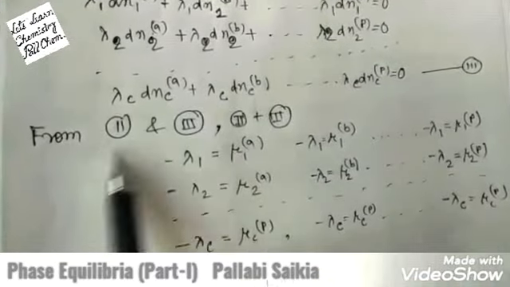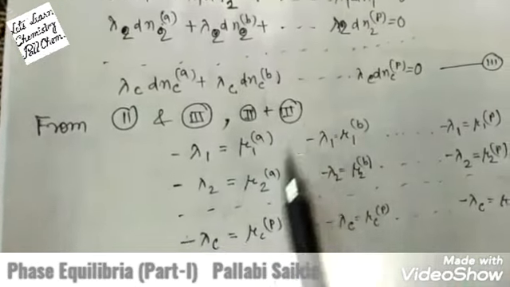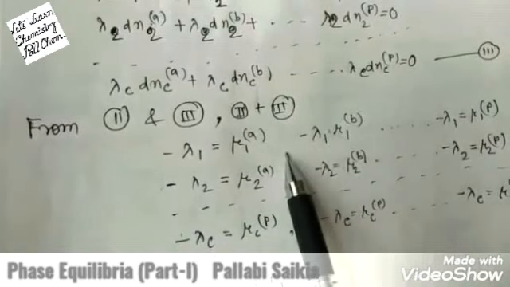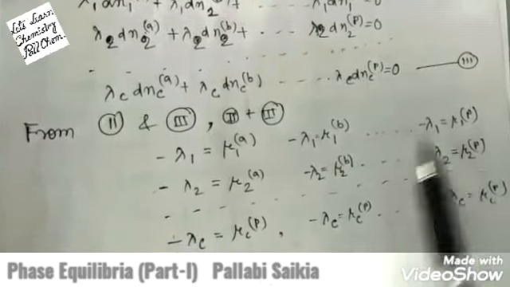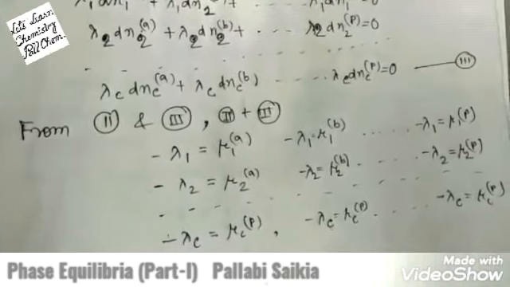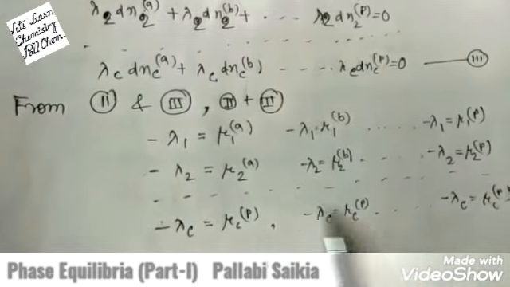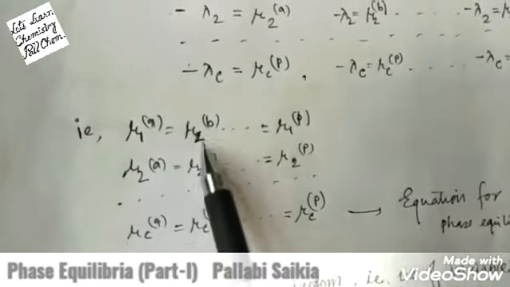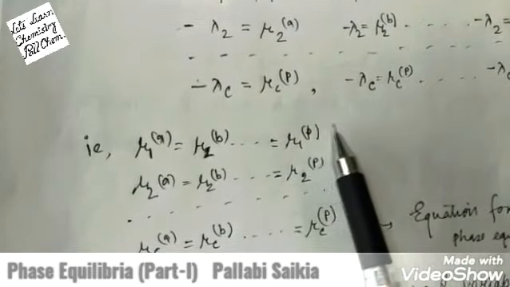That means by summing 2 and 3, we will get that mu1a is equal to minus lambda 1, mu1b is equal to minus lambda 1, mu1p is equal to minus lambda 1. That means in all the components, in all the phases, the chemical potential is equal. So mu1a is equal to mu1b equal to mu1p.